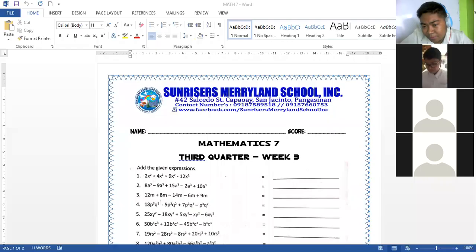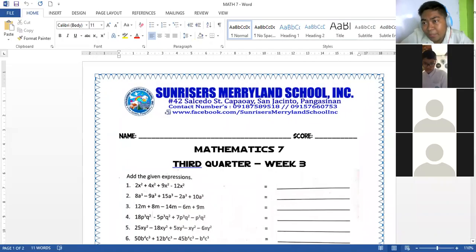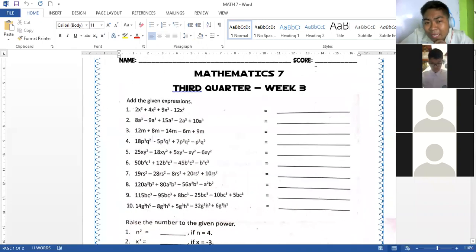Ayan. So, we have here, ito pinakauna, is i-add nyo lang. So, kapag nag-add or subtract kayo, exponents, or the variables together with exponent, ang gagawin lang dyan is to copy. Nakuha? So, ang i-add or subtract lang natin ay numbers.